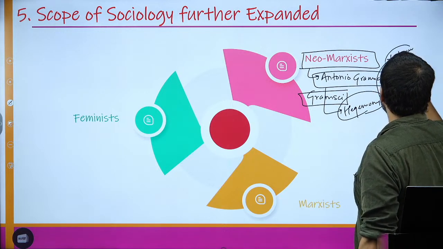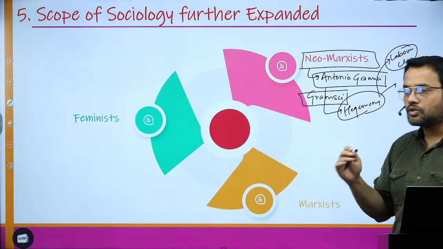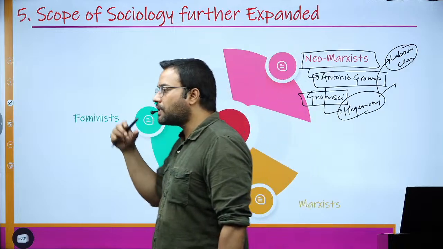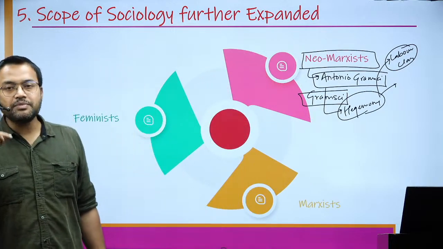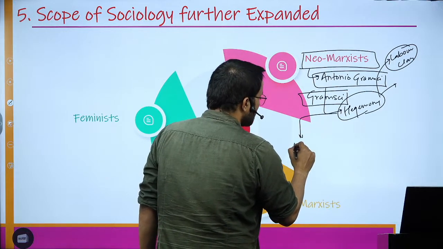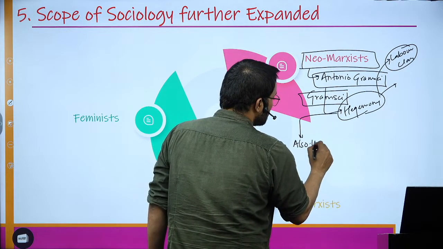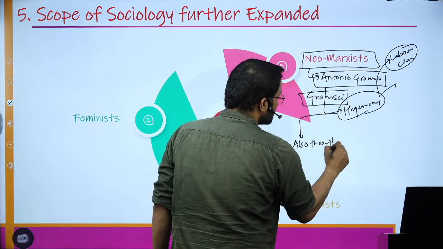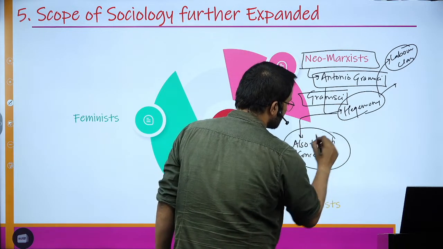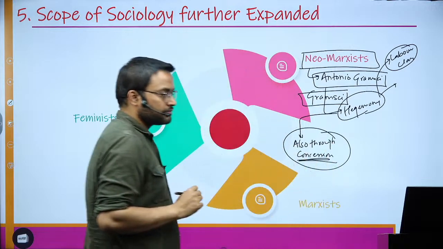not only through controlling all the means of production through coercion, but also by giving them certain concessions. So hegemony is maintained also through concessions.